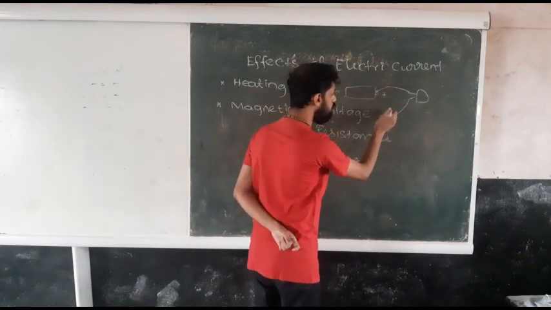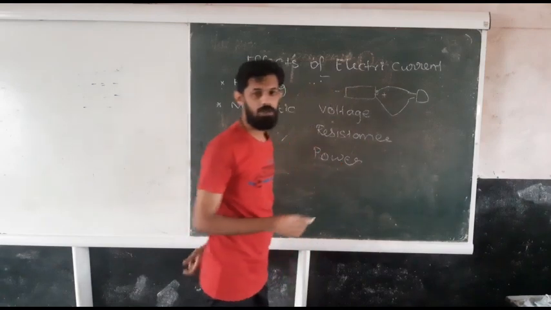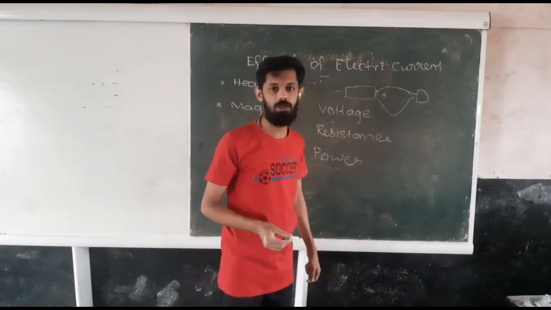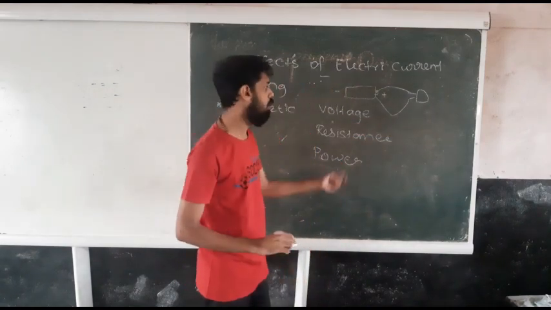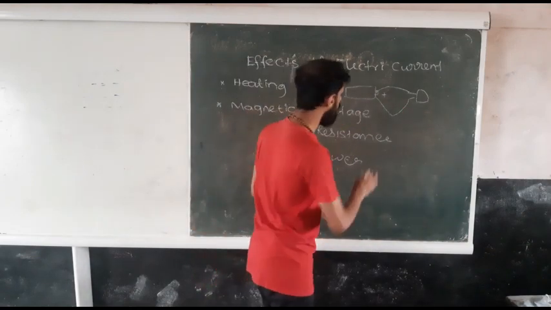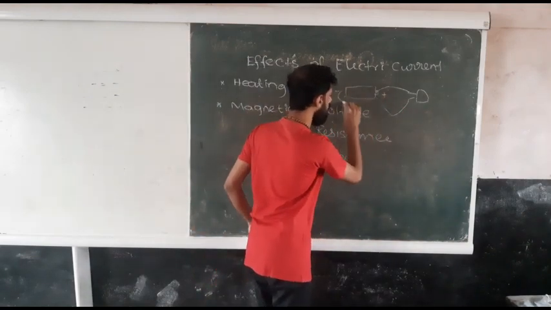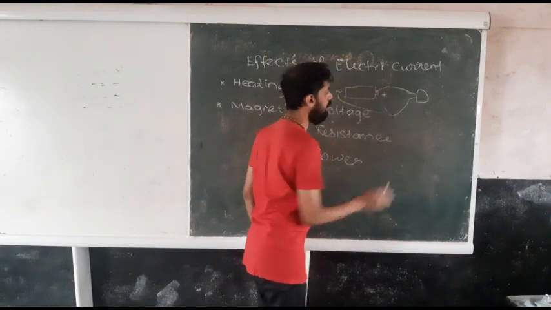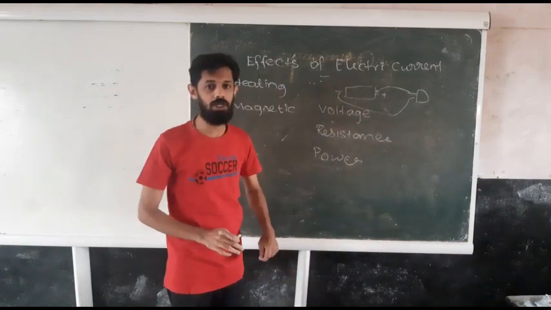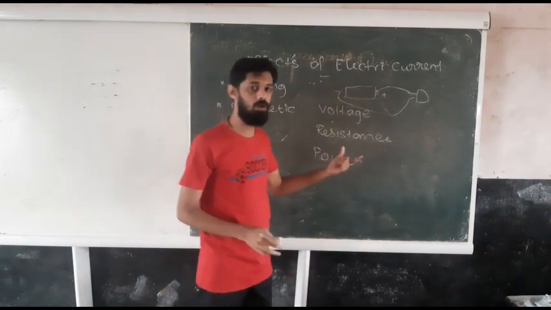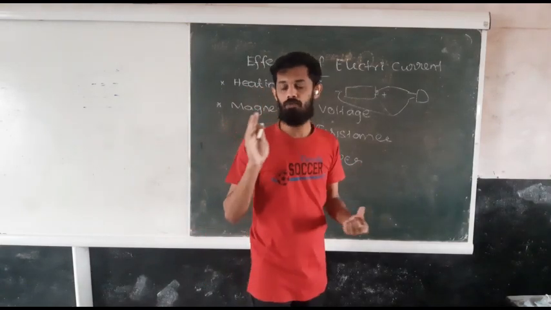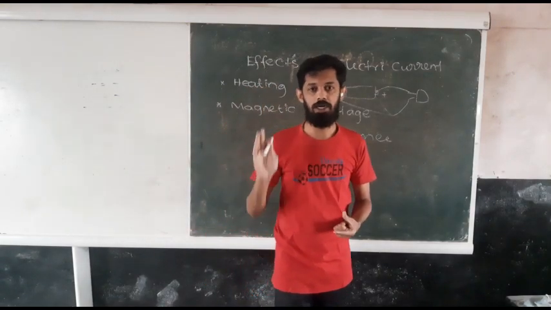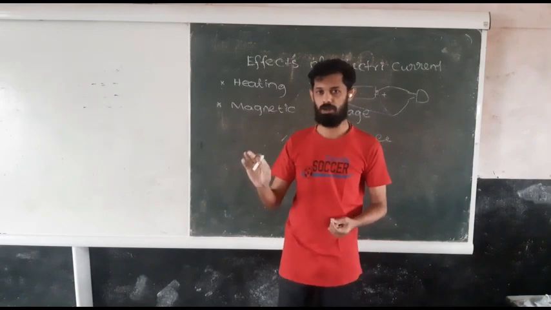If we connect both the wires to the positive terminal, will the bulb glow? The bulb will not glow. So for glowing the bulb, what do we need to do? One end should be connected to positive and the other end should be connected to negative. Why is this so? Because for flowing current, a potential difference is required.